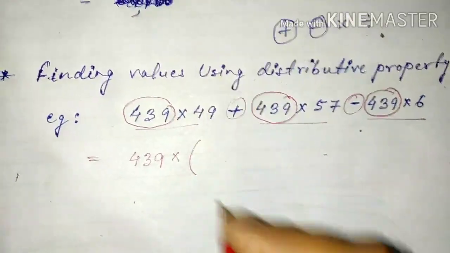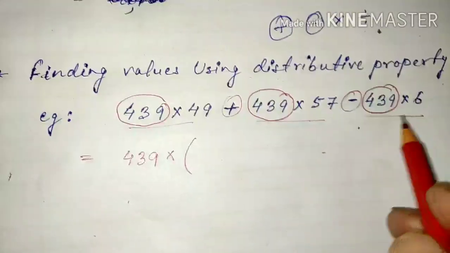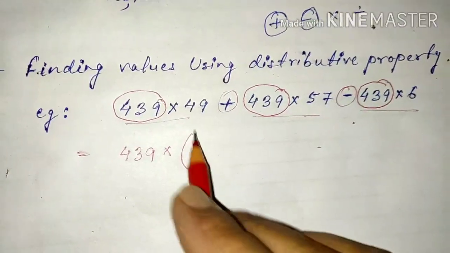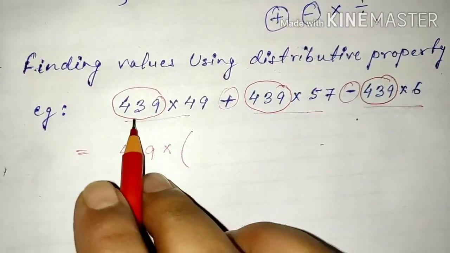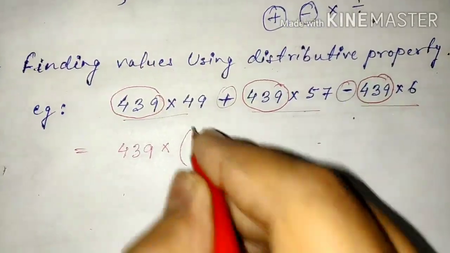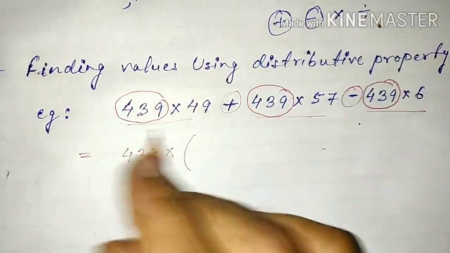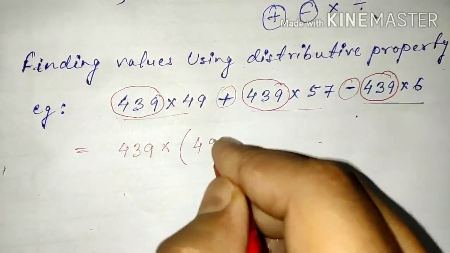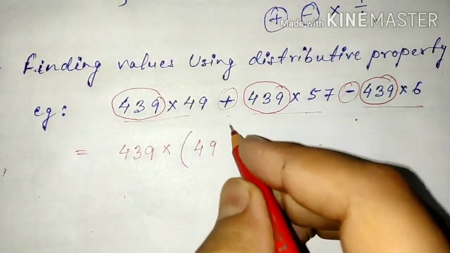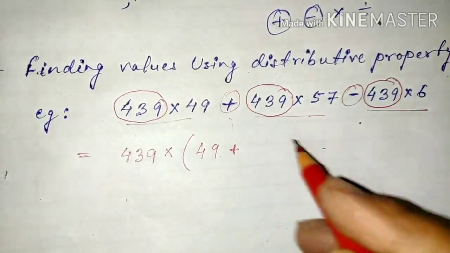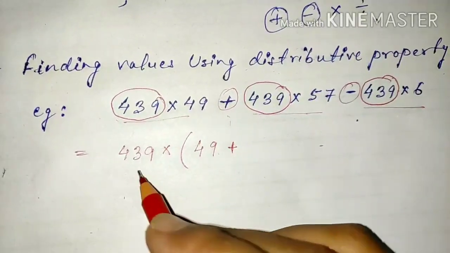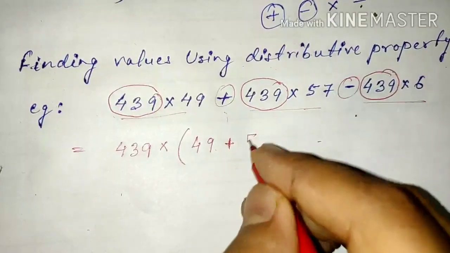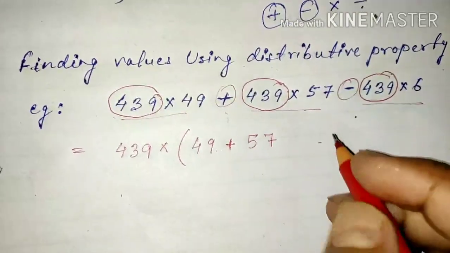All the remaining terms will go inside a bracket, leaving 439 behind. So from this term 49 will be left over here. The same plus sign will come here. I have taken 439 common outside, so 57 will be left from the second term.